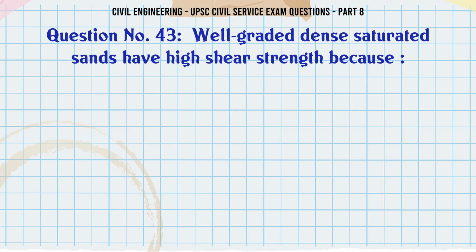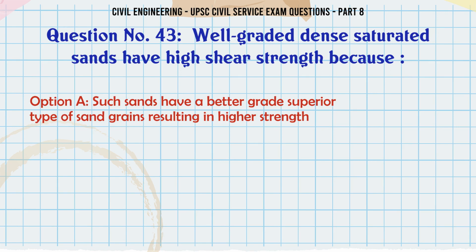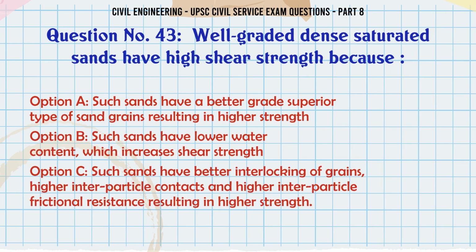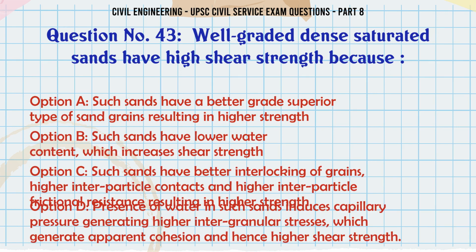Well-graded dense saturated sands have high shear strength because A. such sands have a better grade, superior type of sand grains resulting in higher strength. B. such sands have lower water content which increases shear strength. C. Such sands have better interlocking of grains, higher interparticle contacts, and higher interparticle frictional resistance resulting in higher strength.